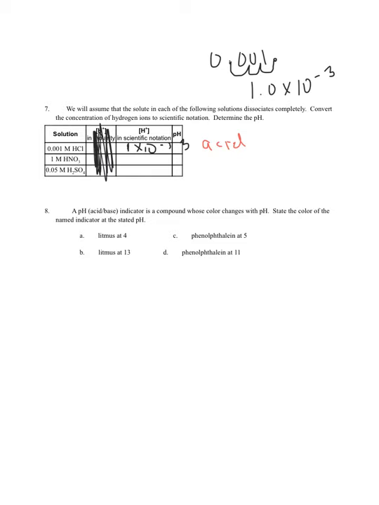For these problems down here, it's asking you based on the indicator. We have several indicators that we use to determine acids and bases. One indicator is litmus, and there's very basic litmus paper. For example, there's just red or blue. So if I just put it in a substance, if it's an acid, it's going to turn red. If it's a base, it's going to turn blue. It's not going to tell me anything else about it.